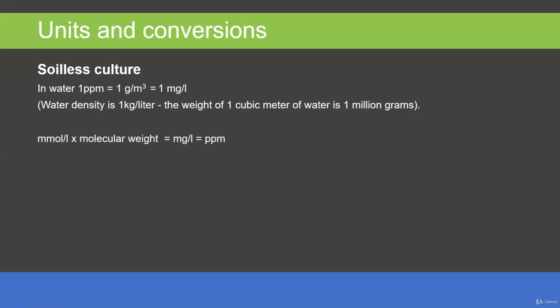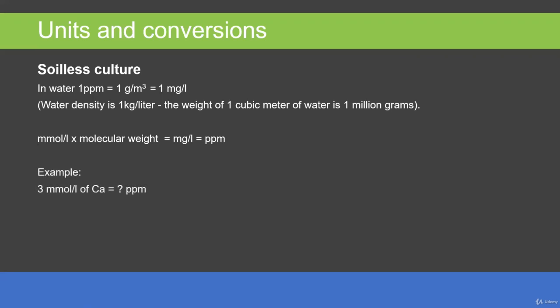In order to convert from millimoles per liter to ppm, parts per million, or to milligrams per liter, we have to multiply the millimoles per liter by the molecular weight. Let's see an example.